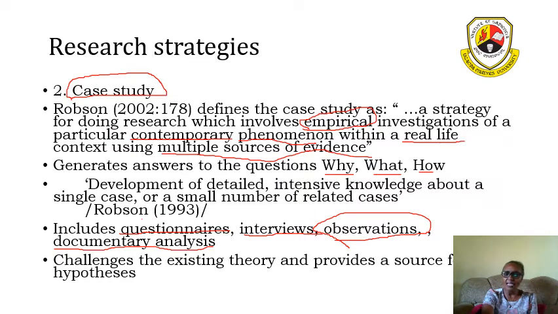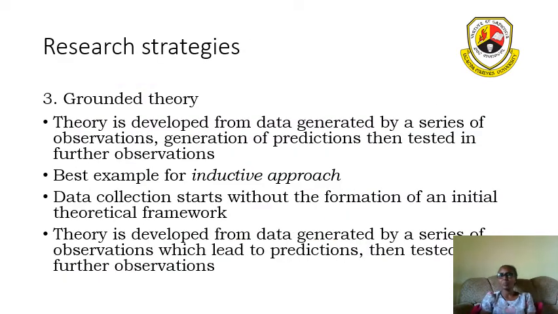Questions like why, what, and how are really dealing with questions where we don't know, as researchers, and we want to find out and report back. So this particular research method is highly qualitative in nature.